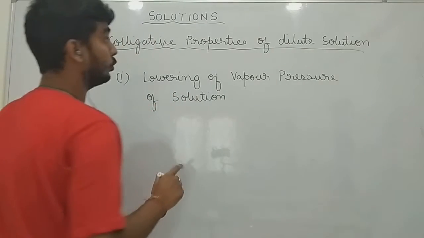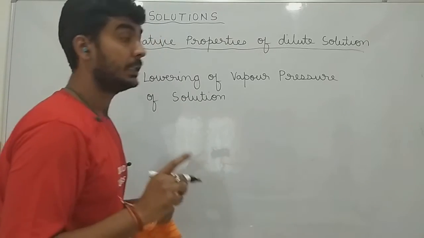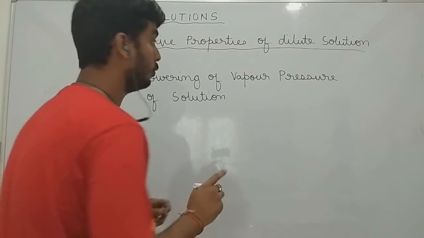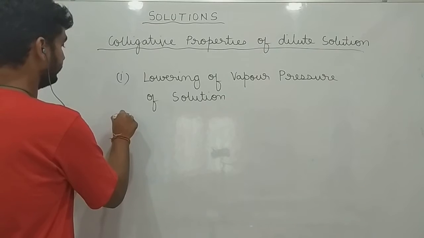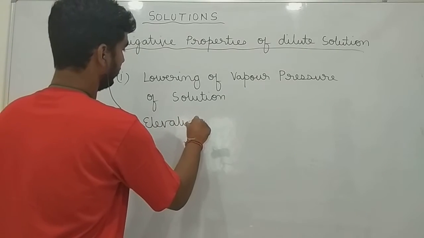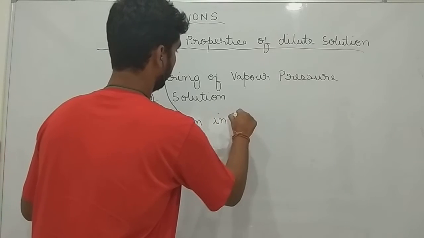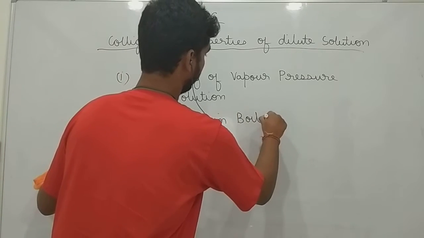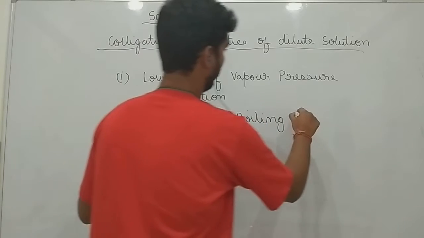This will be the first colligative property which we'll be discussing. Second will be elevation in boiling point.